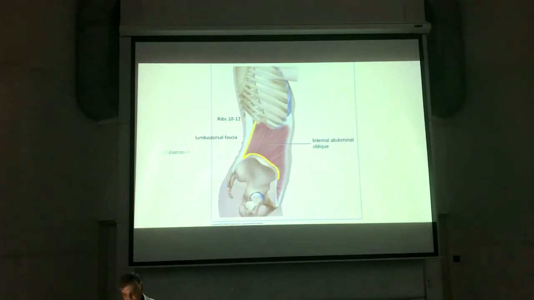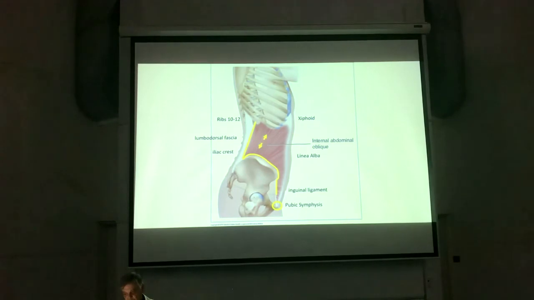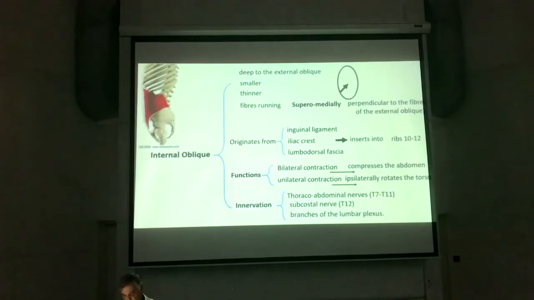Iliac crest. Inguinal ligament. Pubic symphysis. And it goes to linea alba and xiphoid process. And this is the direction of muscle fibers.